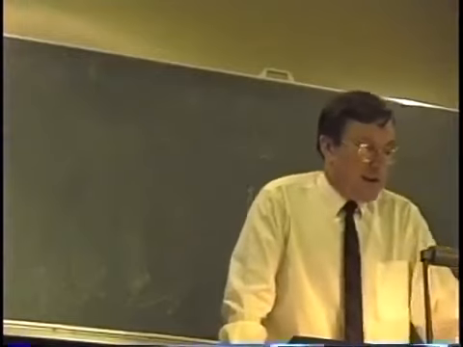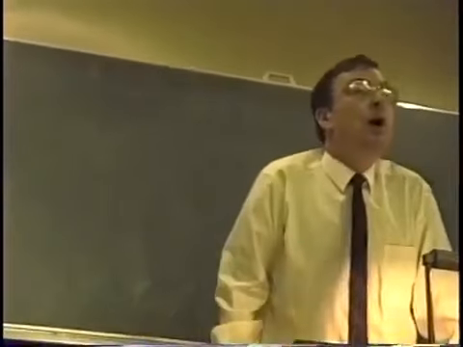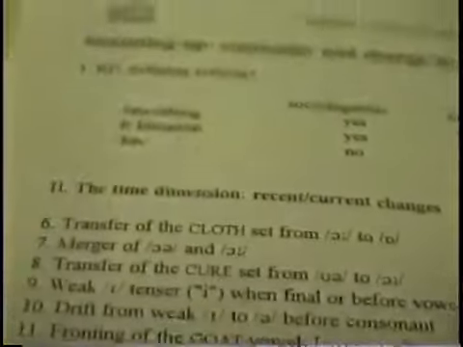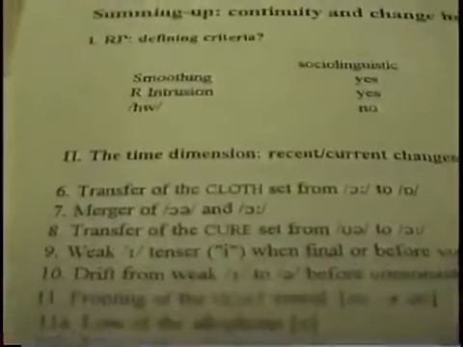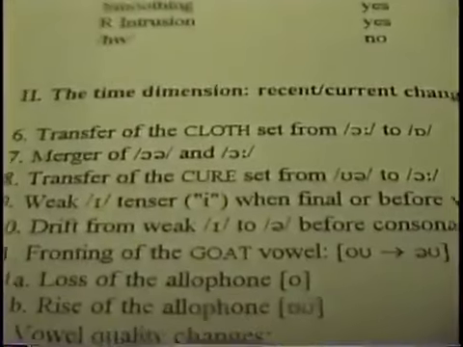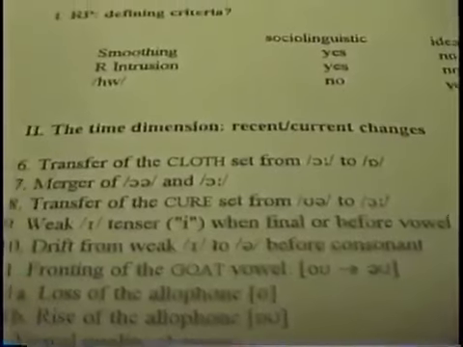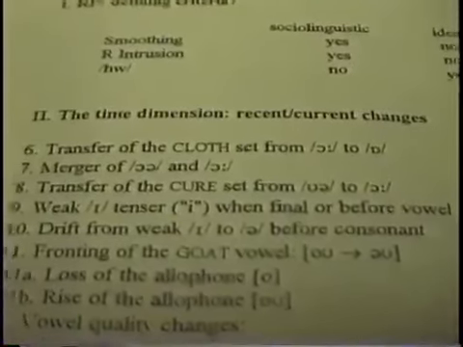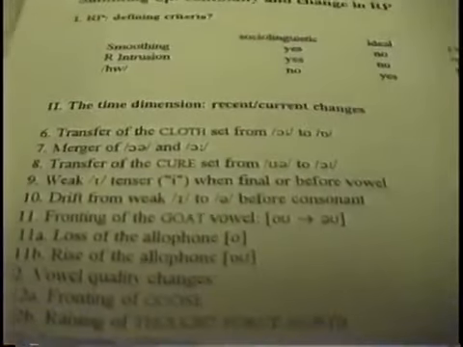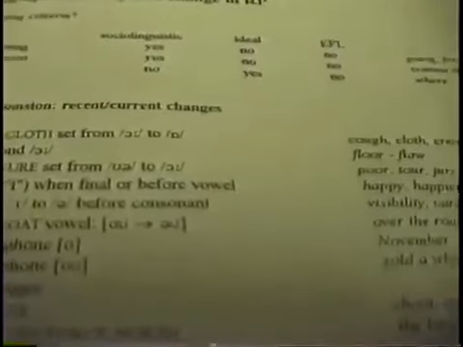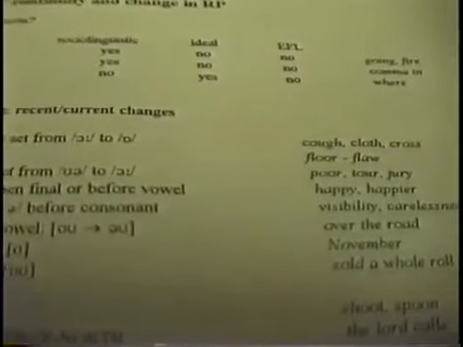Point 11. We discussed this. We changed from the old O, over the road, at the beginning of this century, to the O, over the road, which we now have. Associated with this is the disappearance of a special weak allophone. The weakening of the old O used to be a weak variant. What happened was you have the full vowel and you lose the last part, you're left with a weak vowel.